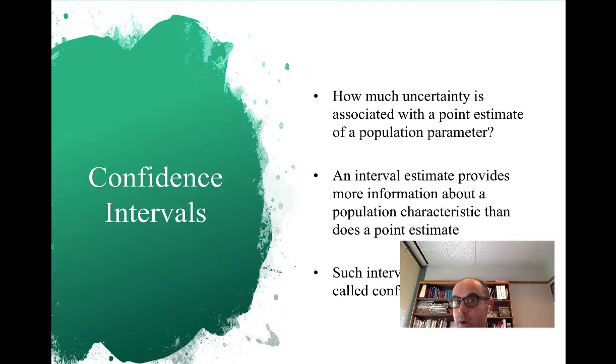So this is where we start the discussion about the confidence interval and how much certainty is associated with the point estimate of the population, and how we calculate that.